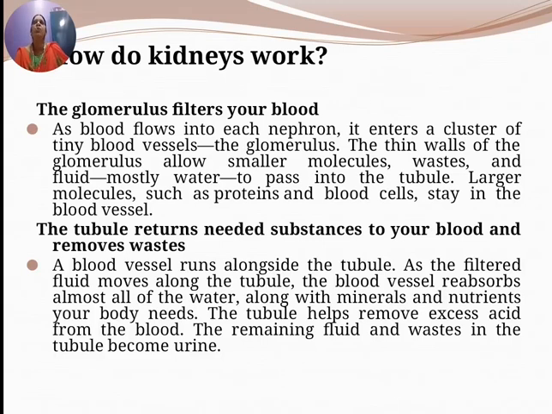How do kidneys work? As I told you, blood flows into each nephron. The kidney consists of a large number of nephrons, and each nephron has a glomerulus and a tubule.